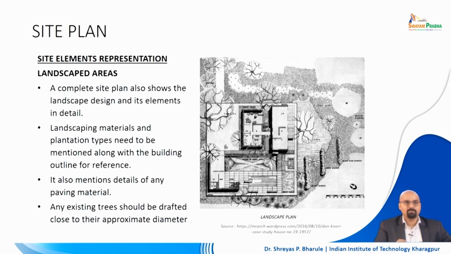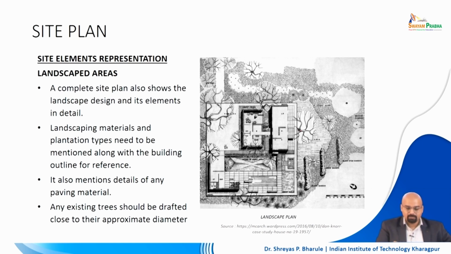So, moving on forward, in landscaped areas you can see that the complete site can actually be shown with all the landscape elements which are there. So, a landscape layout is a separate layout along with the site plan, right. Sometimes some offices also show this landscape within the site layout. Sometimes there are separate sheets which are provided which will show all the landscape.